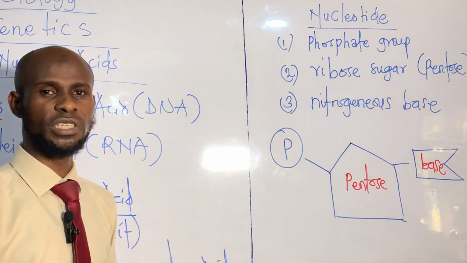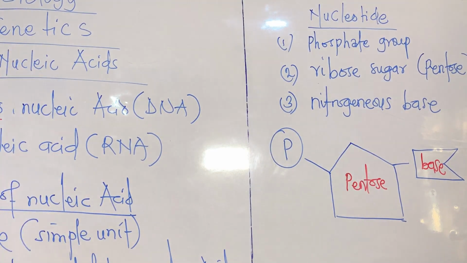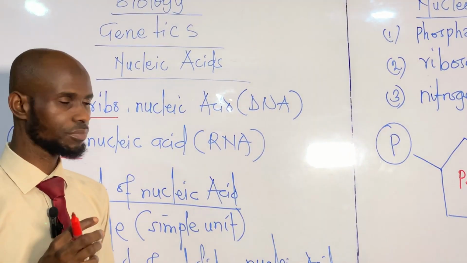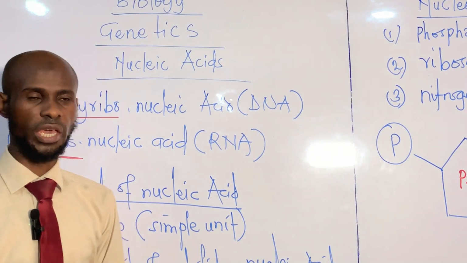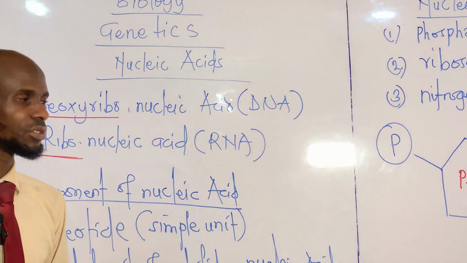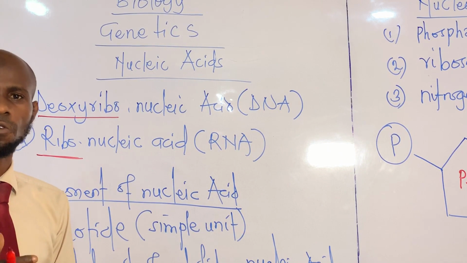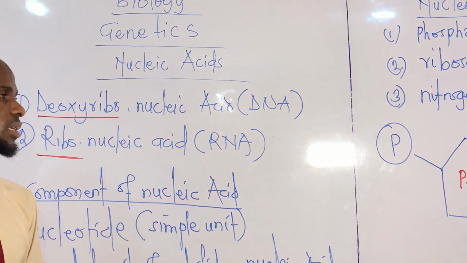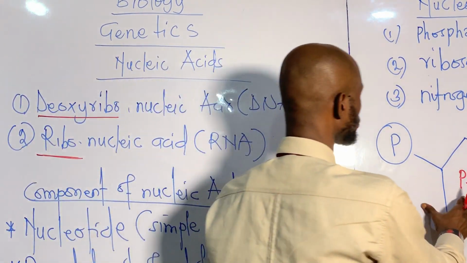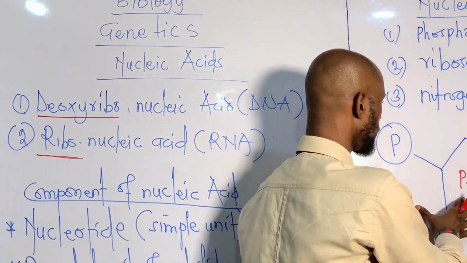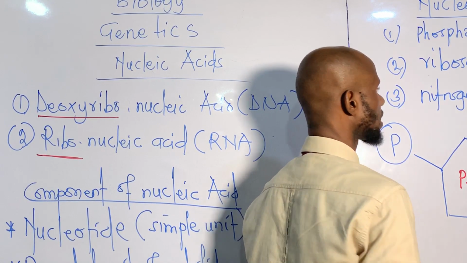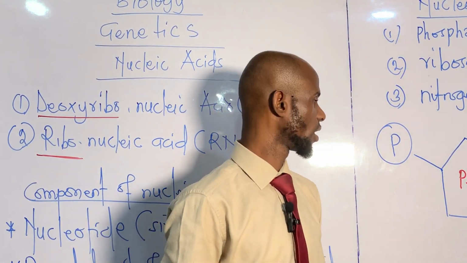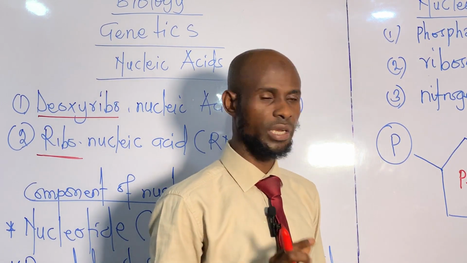When we have the repeated unit of the nucleotide, we are going to form what is called a strand. In the next class, I'm going to show you how we repeat this nucleotide and how we form the DNA or RNA.